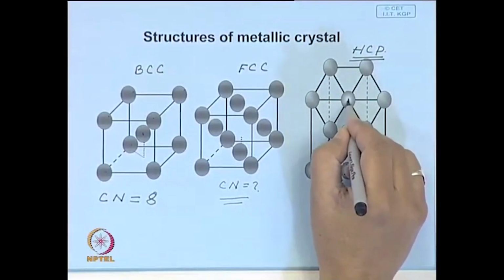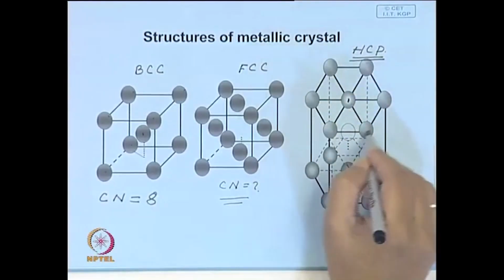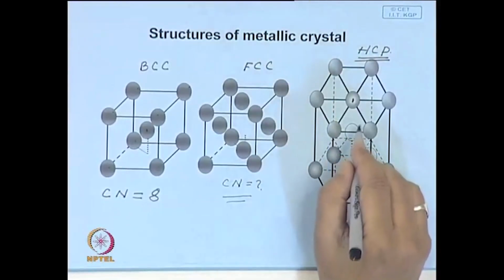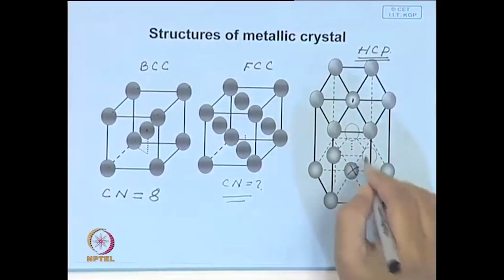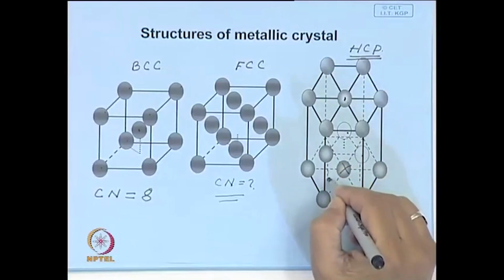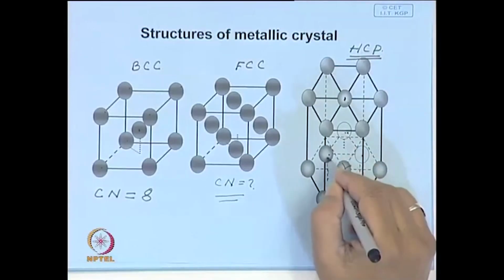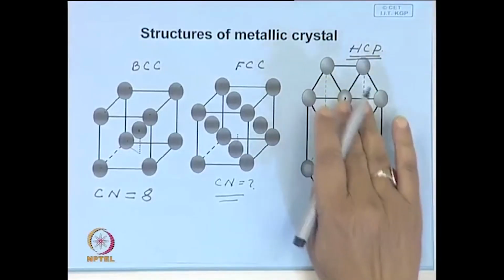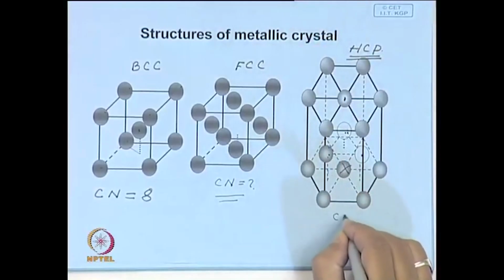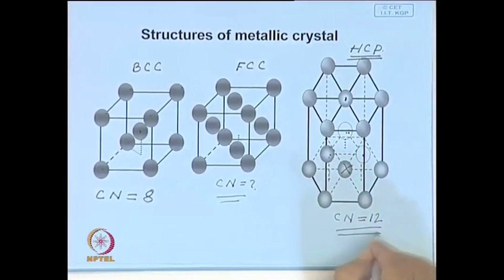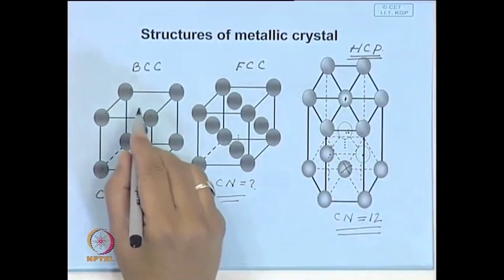So, let us say you have 6 in the plane, 3 neighbors here, 1, 2, 3 below, and similarly 3 at the top. So, in this case the coordination number is 12. This is the maximum coordination number you can have in a crystal structure, in this case metals.